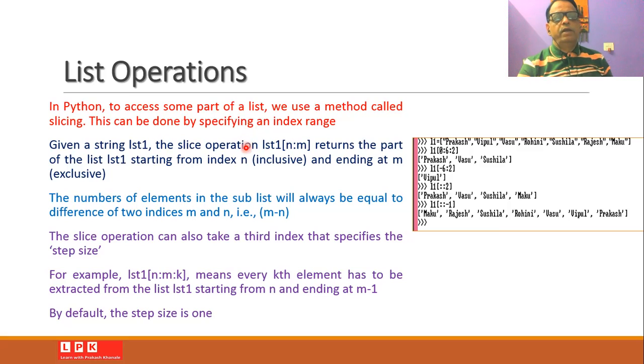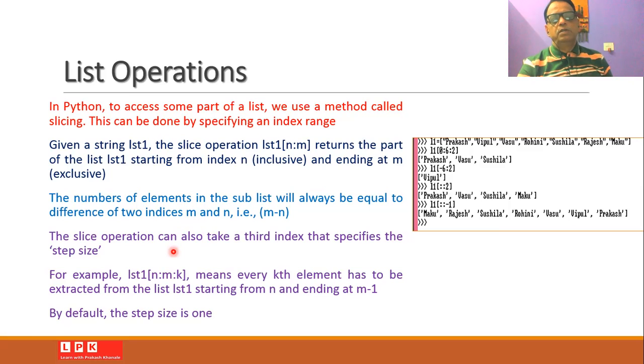Slicing can be achieved by specifying the index range. So if you have been given a list L1, then we can perform the operation L1 n to m, which will return the part of the list from the index n and ending at m, where n is inclusive while m is exclusive. The number of elements in the sublist will always be equal to the difference of the 2 indices m and n, that is, m minus n.